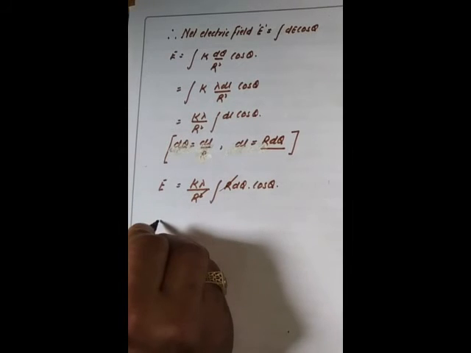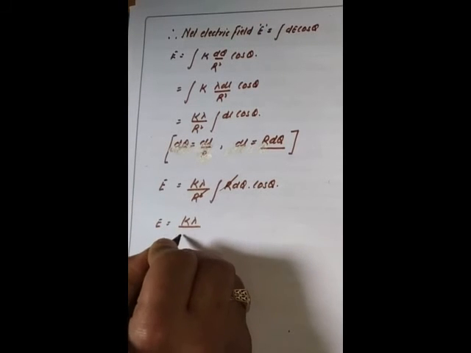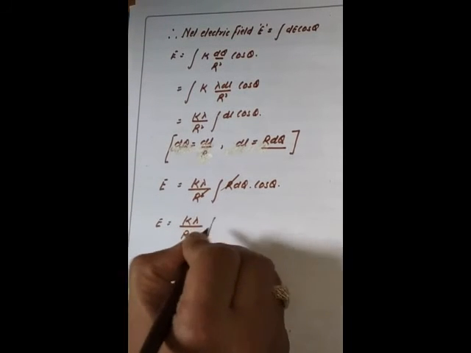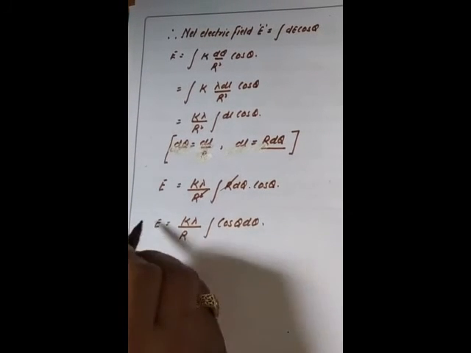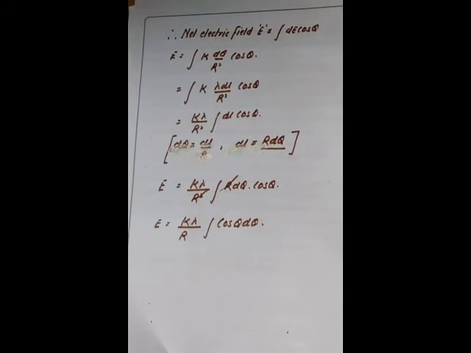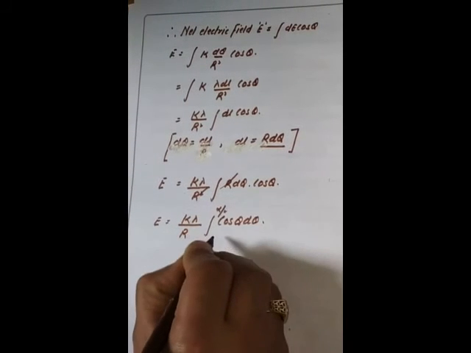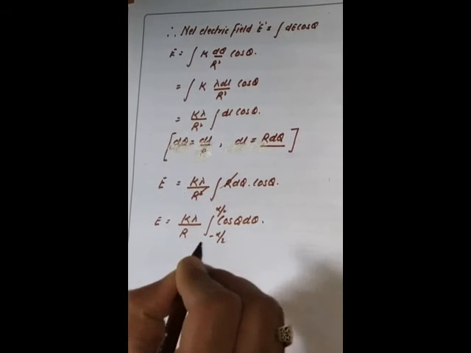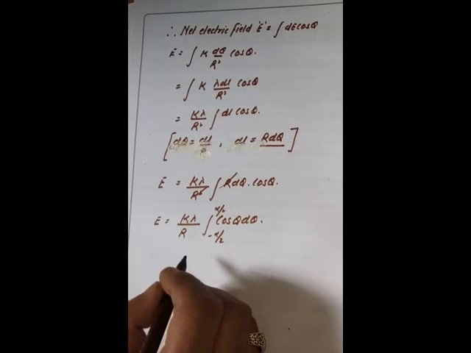So electric field E equals k lambda upon r integration of cos theta d theta. Then we have to find out the integration. Here the upper limit is alpha by 2, lower limit negative alpha by 2. Okay, when we take cos theta d theta integration, it will become sin theta.